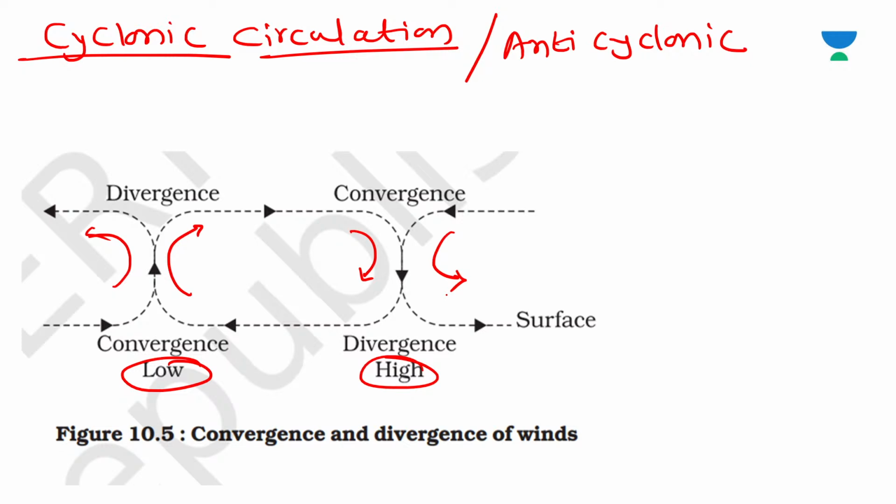Now, apart from convergence, some eddies, convection currents, orographic uplift and uplift along fronts cause the rising of air, which is essential for the formation of clouds and precipitation. Now, we will discuss all those things in detail.